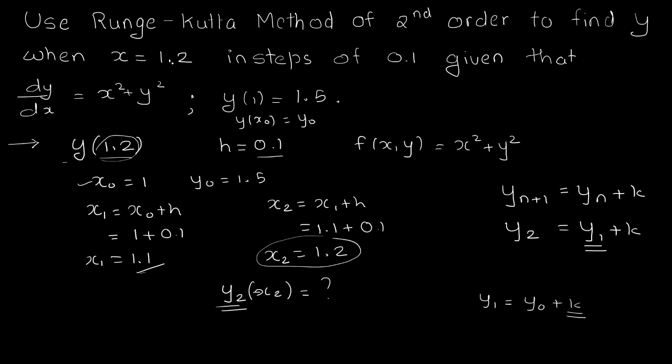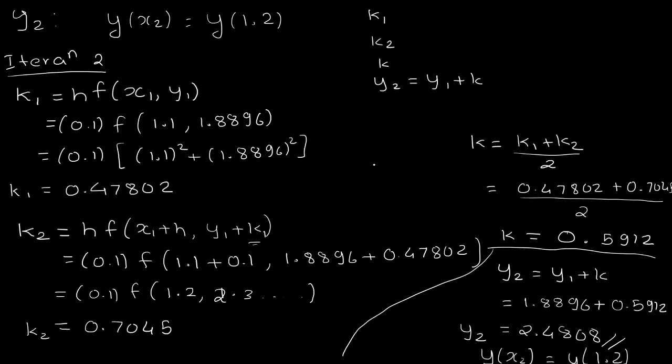If the question had asked, suppose, instead of 1.2, to find the value of y at x equal to 1.3, you would have gone one step further. That is, you would have gone for the third iteration. In iteration 3, you would have required y3 equals y2 plus k, and k was given by k1 plus k2 upon 2.